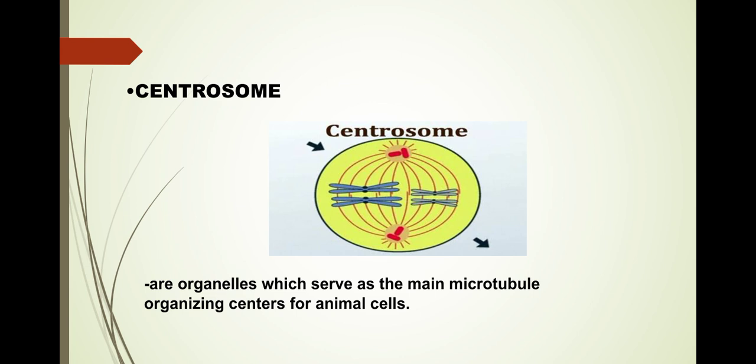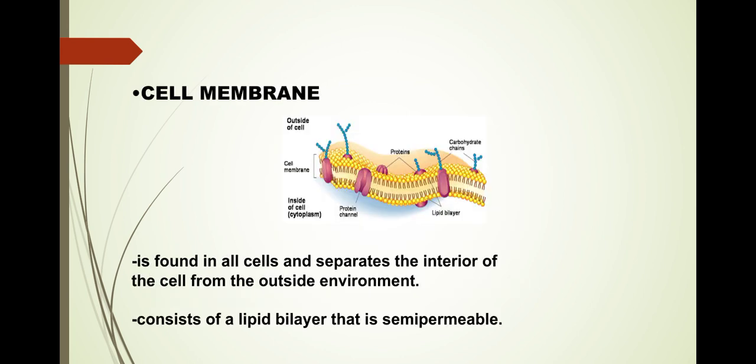Next part is centrosome. Centrosomes are organelles which serve as the main microtubule organizing center for animal cells. Centrosome is a cellular structure involved in the process of cell division.